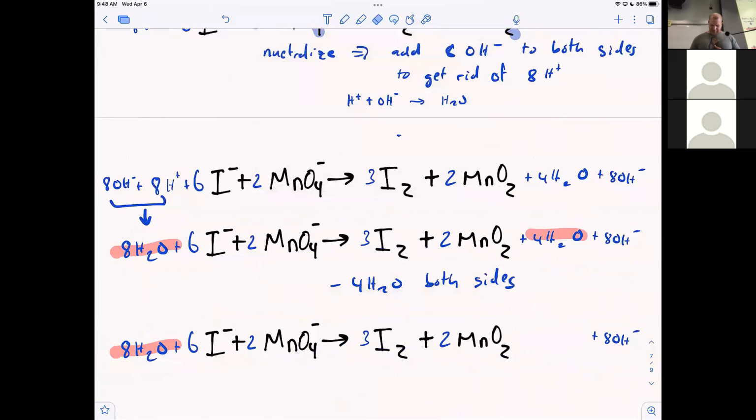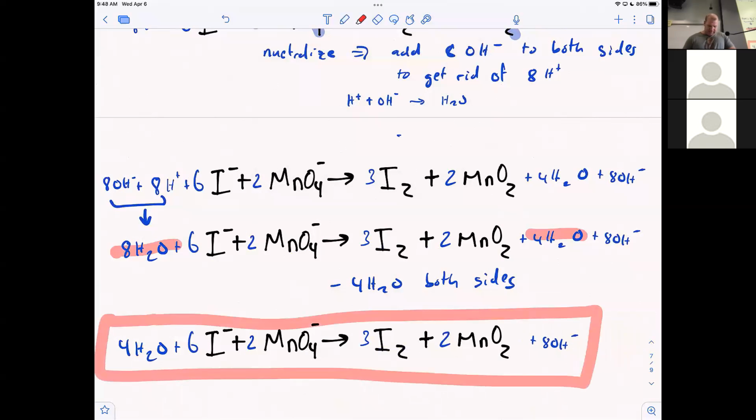So that takes that away, and that goes to 4. And then I can move this over like so. Okay, and now I'm finally done. So now this is your final answer and it's balanced in alkaline solution.